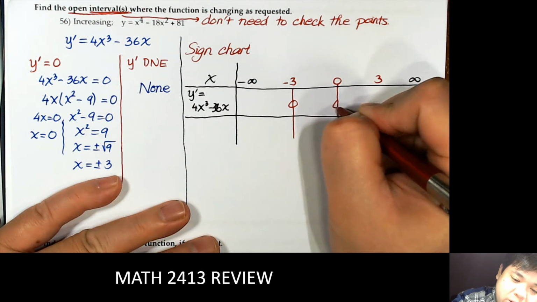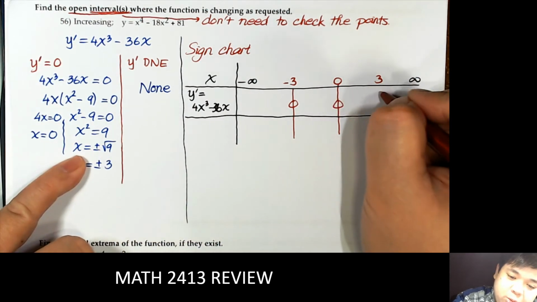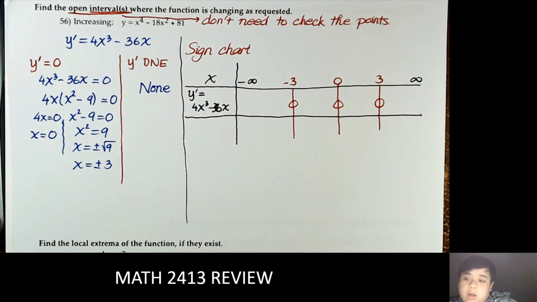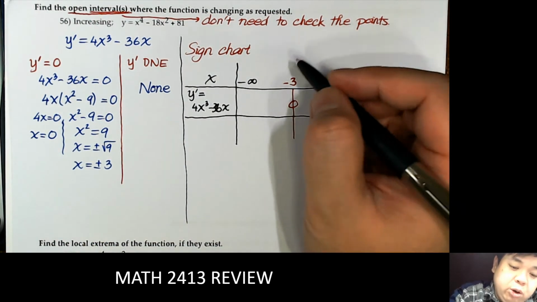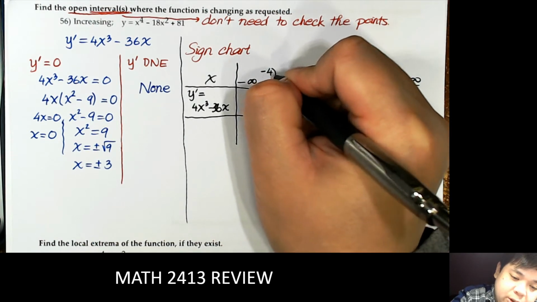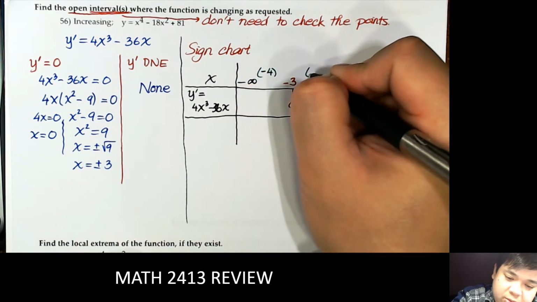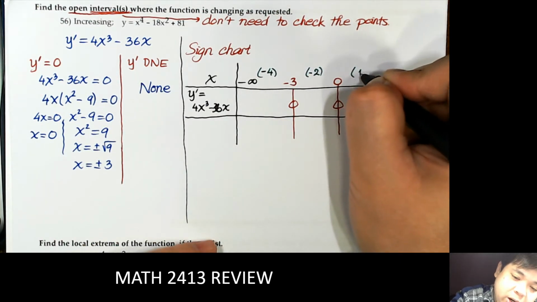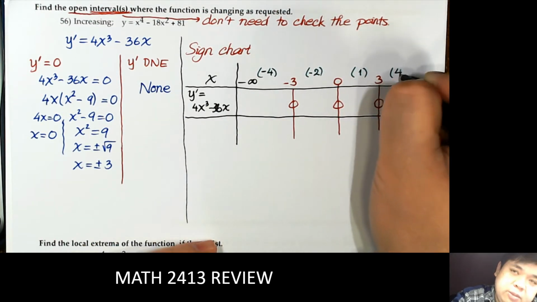The derivative equals 0 at those points, so we can just do that. Now test points, we're going to choose the points in between. So negative 4, negative 2, 1, and 4.